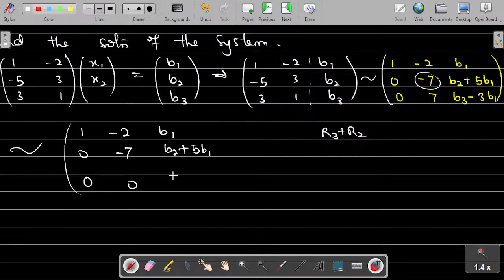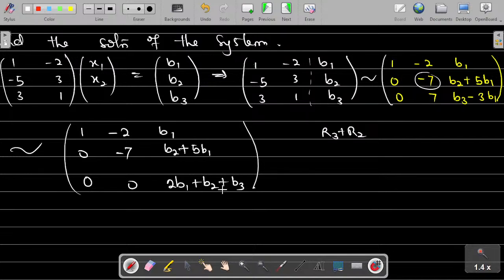Now for this place, 5b1 plus minus 3b1 is going to be 2b1. I'm beginning with b1, and then I'll come over to b2. So just add these two together, b2 plus b3. Okay, so that is the complete reduction of this system.